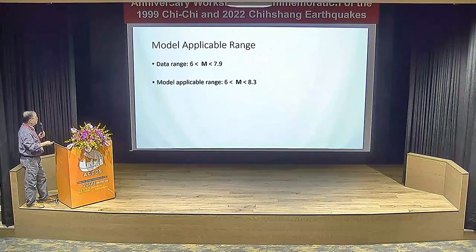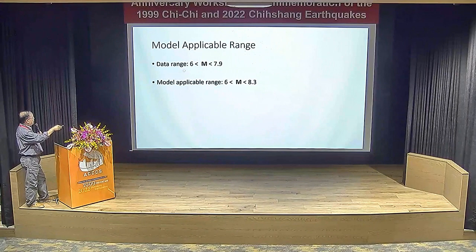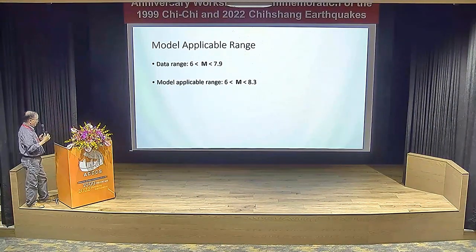Now the model application range. The data we use in our model development is from magnitude 6 to 7.9, but we feel that we can actually extend the upper bound from 7.9 to 8.3.